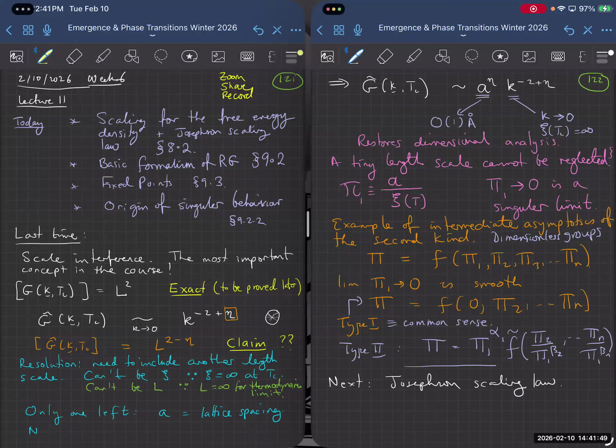So I've told you about the fact that the variable pi1, a over xi, is a variable that you can't really neglect. And what I want to do now is I want to talk about the scaling of the free energy itself.